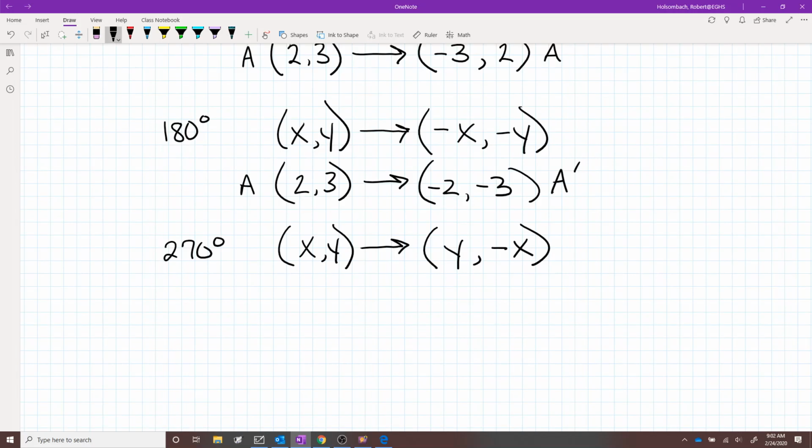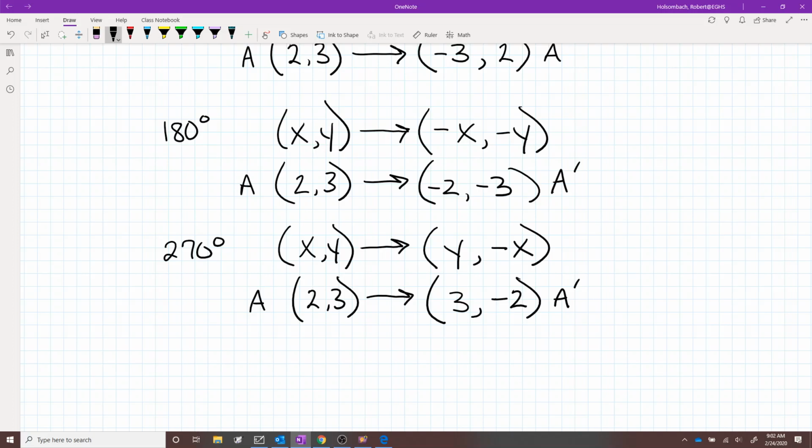So for that same A at 2, 3, going 270 degrees counterclockwise around the origin, our new x value is the original y, which is 3, and our new y value is the opposite of the original x, which would be -2, and that would be your A prime. Okay, does that make sense?